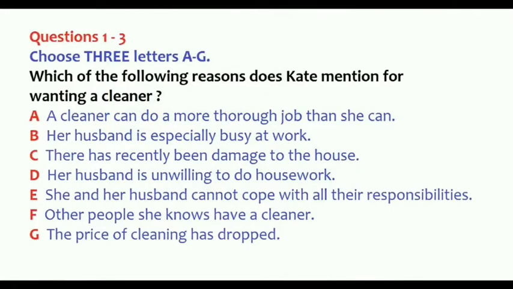Part 1, Part 2, Part 3, and Part 4. Now look at Part 1. You will hear 2 women talking about house cleaning. First, you have some time to look at questions 1 to 3.